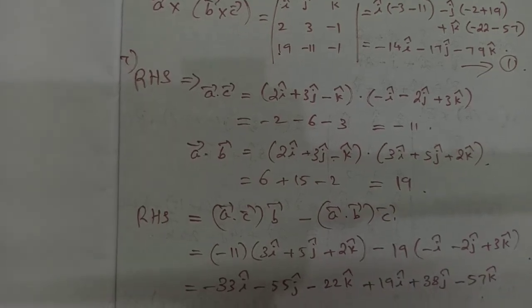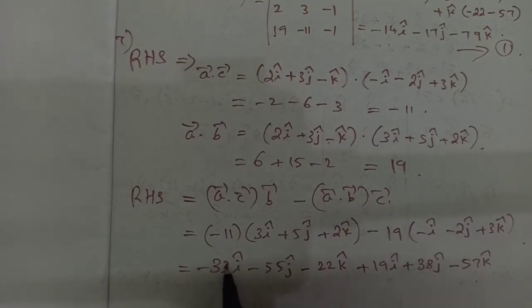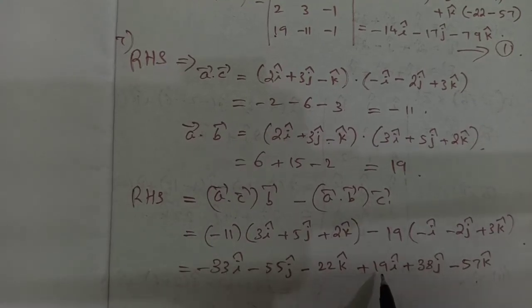Next what do we do? Add all the i terms and the j terms. So 33 and 19: one is minus and one is plus, so subtracting we get 14, so minus 14 i cap. Next 55 and 38: this is minus and this is plus, so subtracting we get minus 17 j cap.